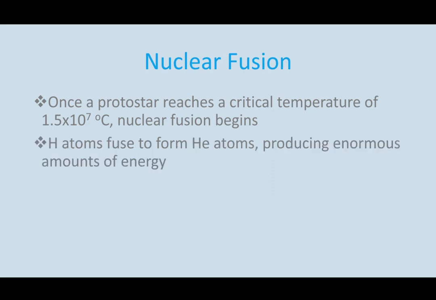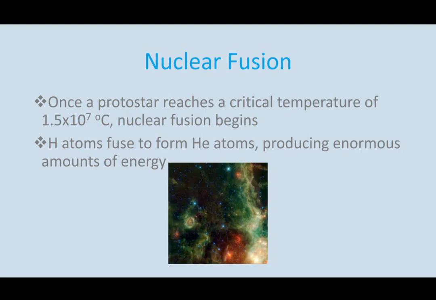The hydrogen atoms fuse to form helium atoms, and they produce enormous amounts of energy. If we think back to chemistry, we know that hydrogen is a very reactive element, so you can think of the amount of energy that it's going to produce. And we can see examples in space of what they believe is nuclear fusion occurring.